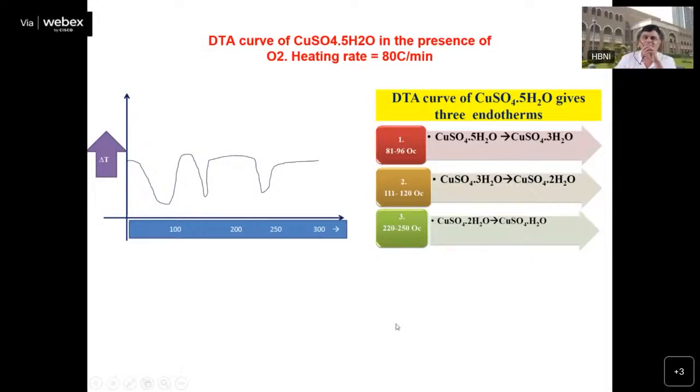In the first step we are losing only two molecules of water, and when we increase the temperature further, we lose one more molecule, and when we raise the temperature to 220 to 250 degrees centigrade, we release one more water molecule. Those are the three peaks which correspond to the loss of water molecules from copper sulfate pentahydrate at different temperature ranges.